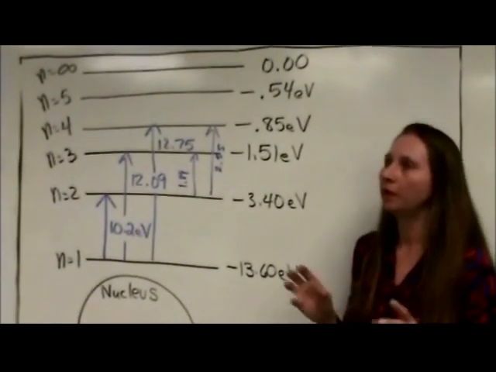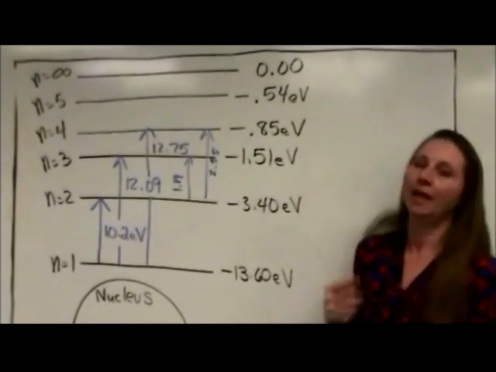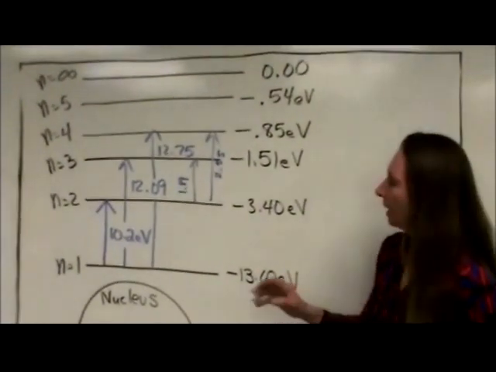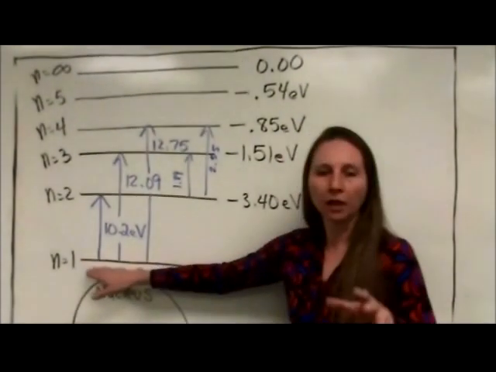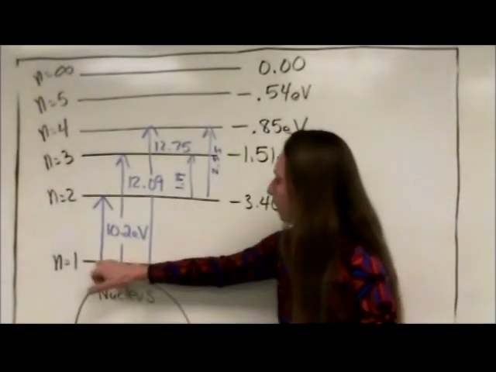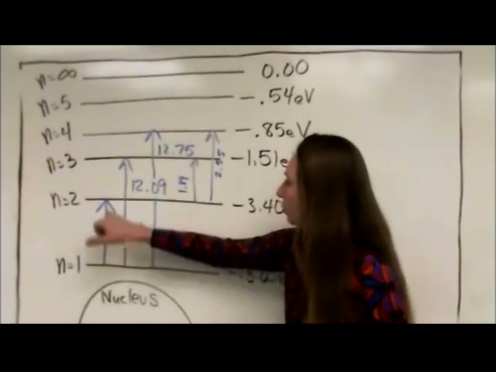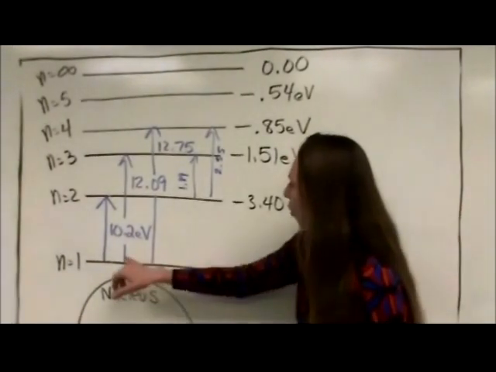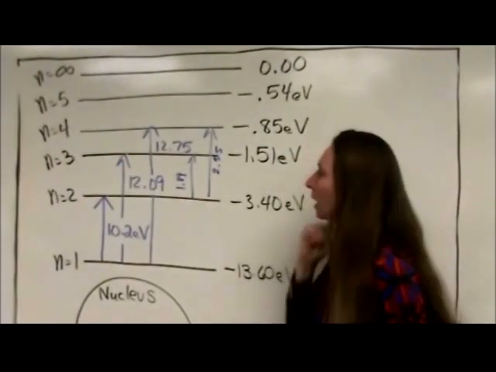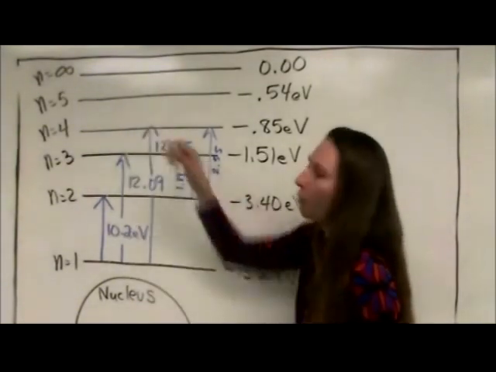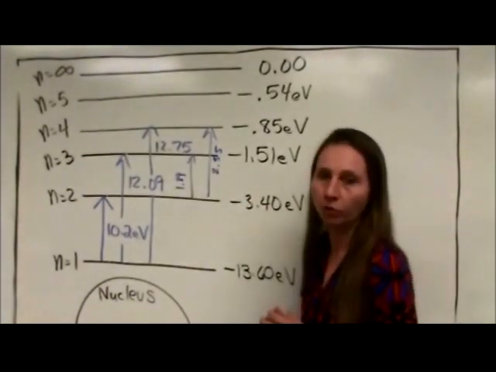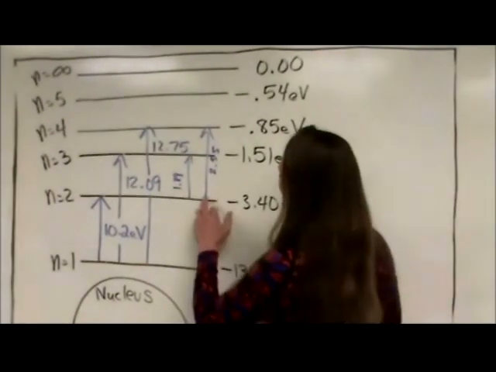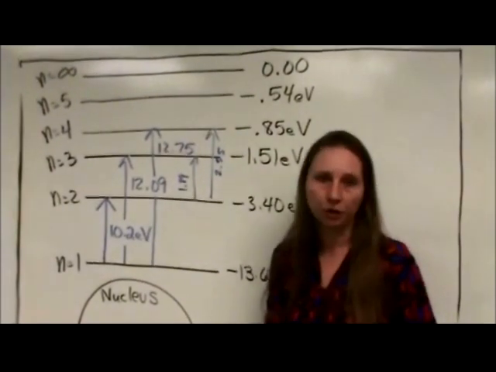And what you find is that the only way for an electron to jump would be to absorb 10.2 electron volts, right? A 10.2 electron volt photon, or a 12.09 electron volt photon, or a 12.75 electron volt photon, etc. 1.89 would be a possible jump. 2.55 would be a possible jump.